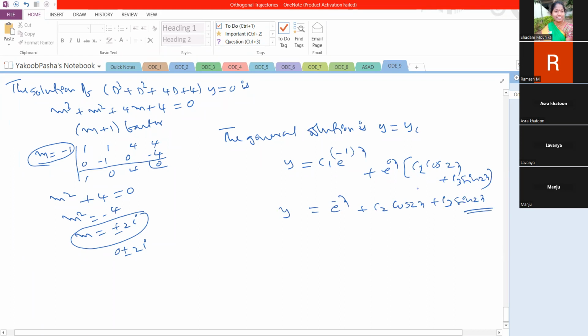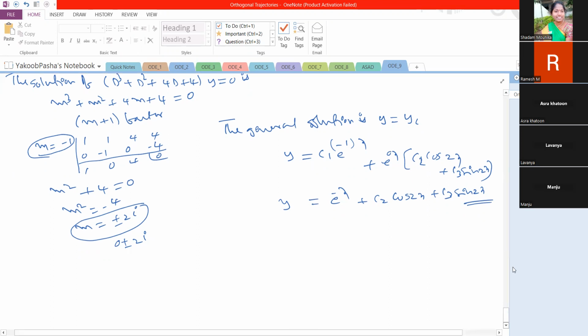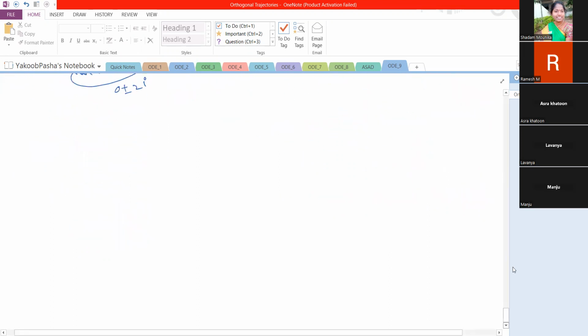Okay, here one real root and another one is complex. I am taking the next problem, which is also real.